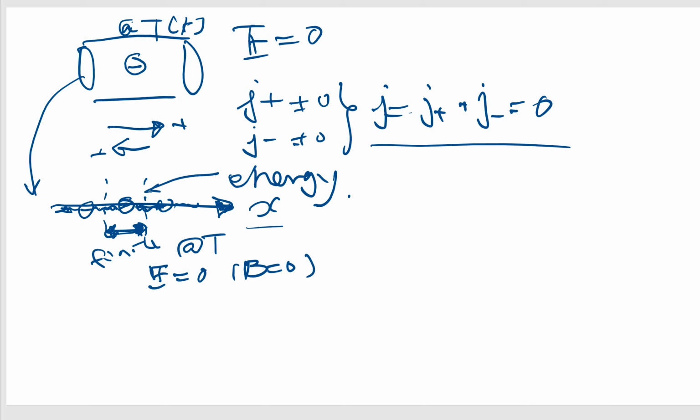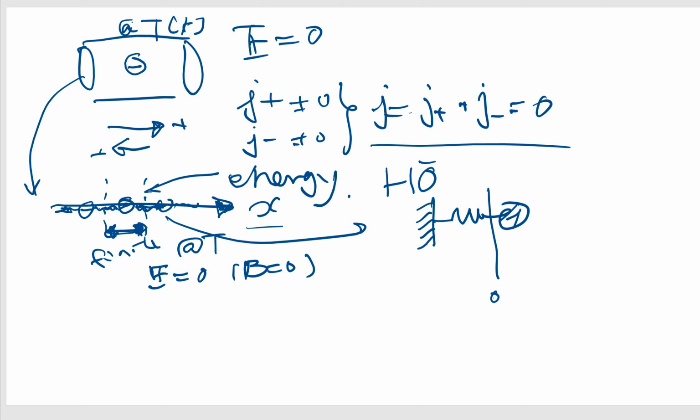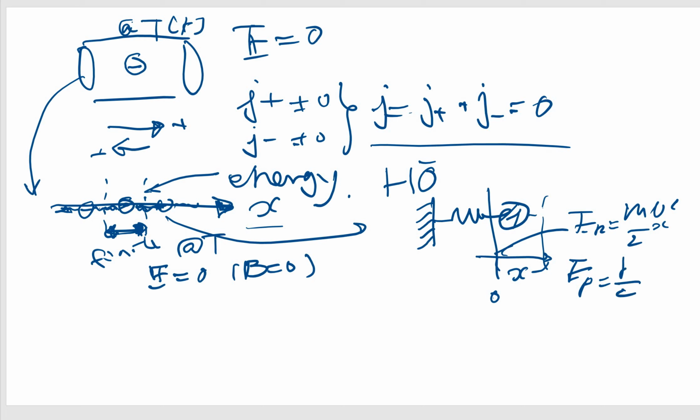Finite range oscillation, which is like a harmonic oscillator modeled like this. This is x0, and this is x, and kinetic energy equals half m v squared. Potential energy is half k x squared.